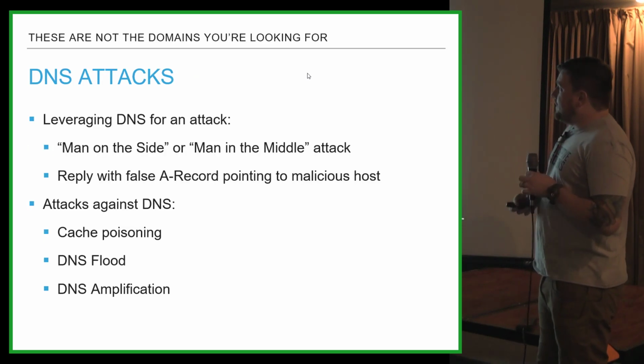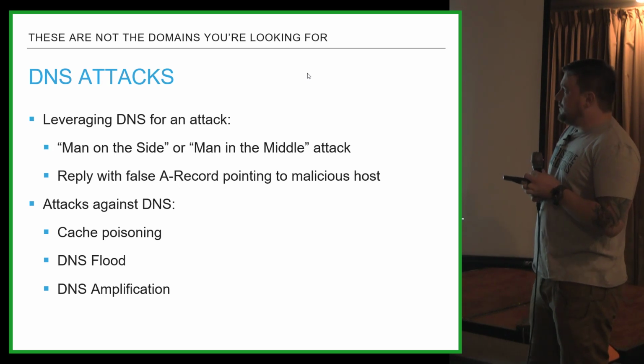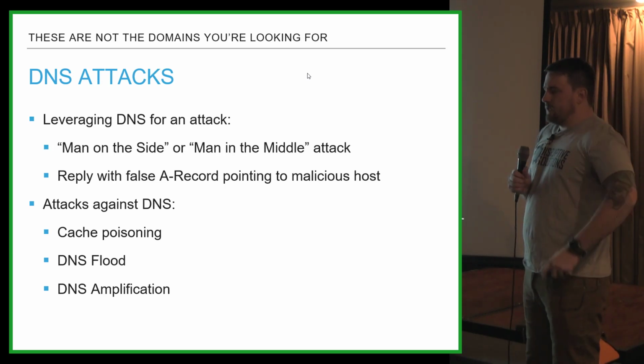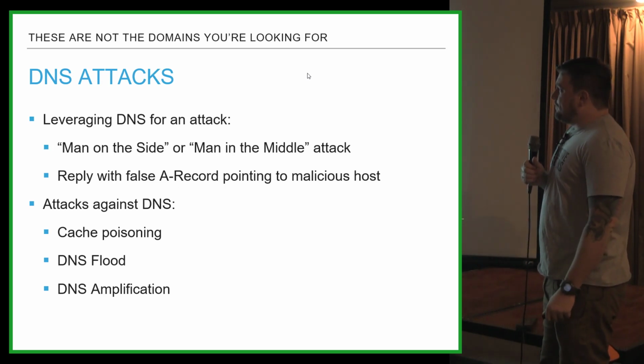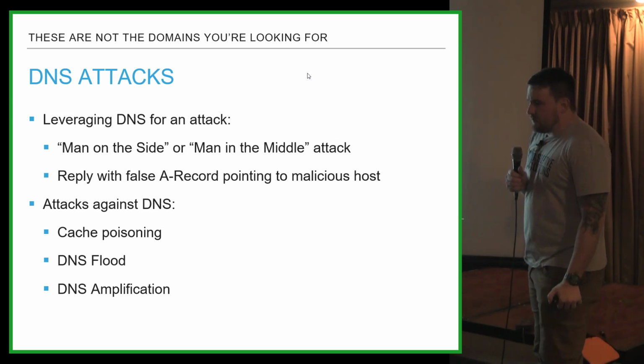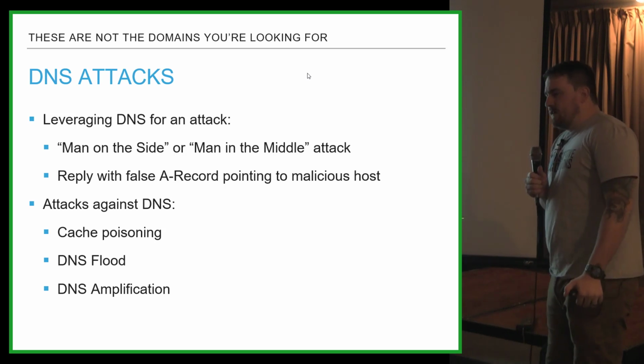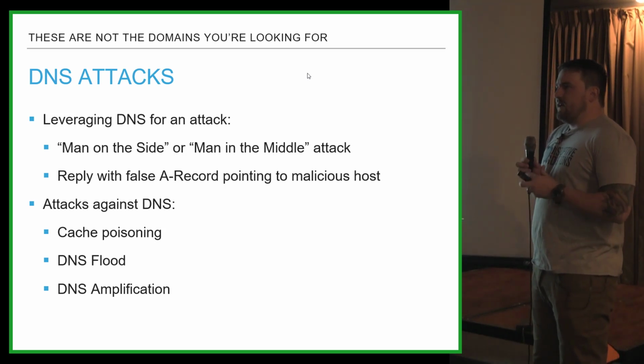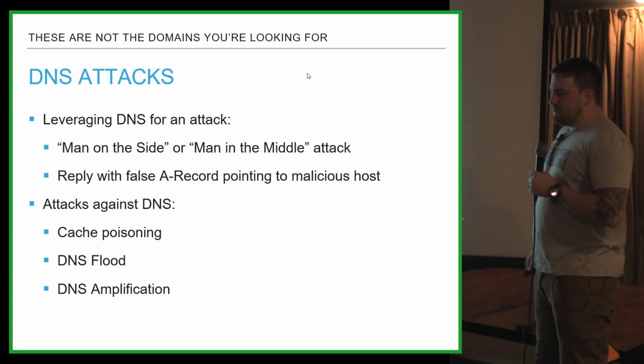All right, so DNS attacks. Similar to ARP poisoning, but not really the same. There's kind of two ways to go about a DNS attack. There's a man on the side and a man in the middle attack. A man on the side attack usually takes advantage of network latency.